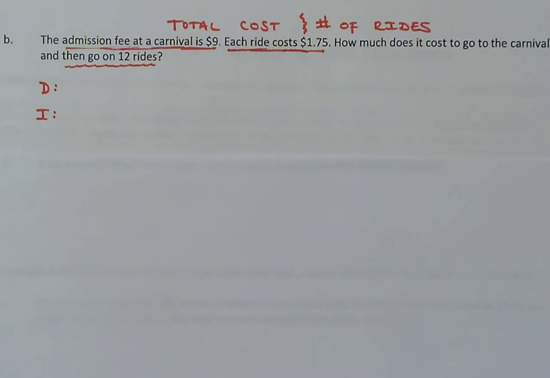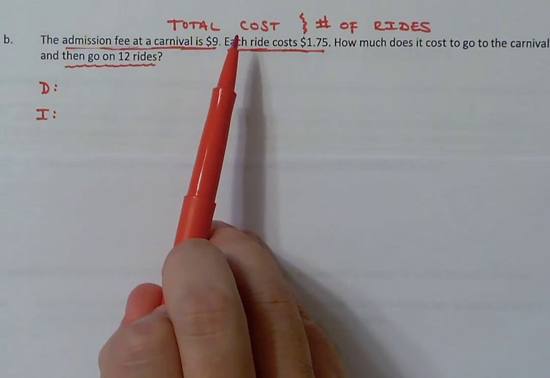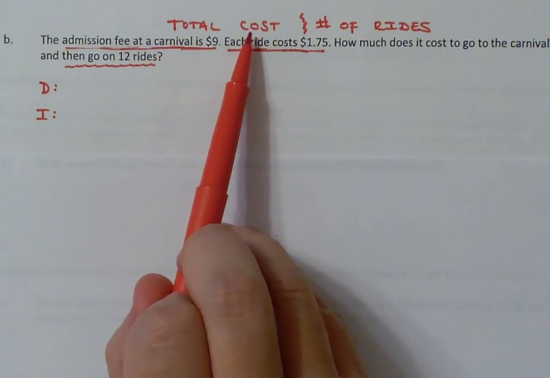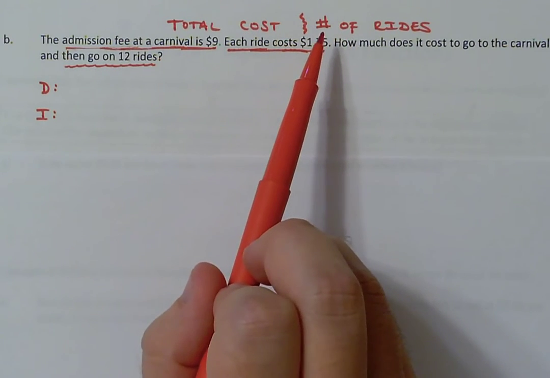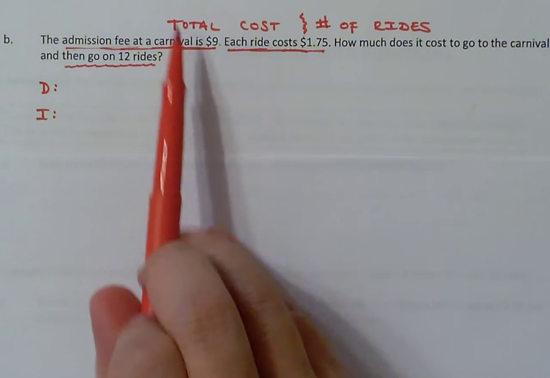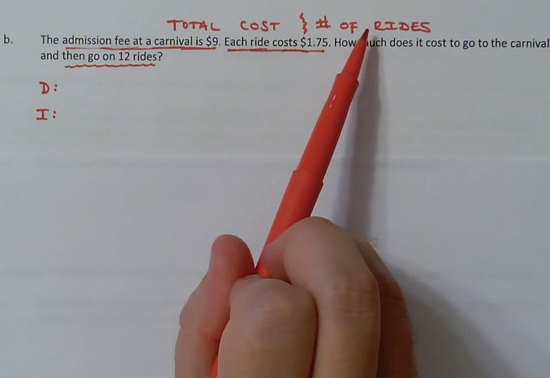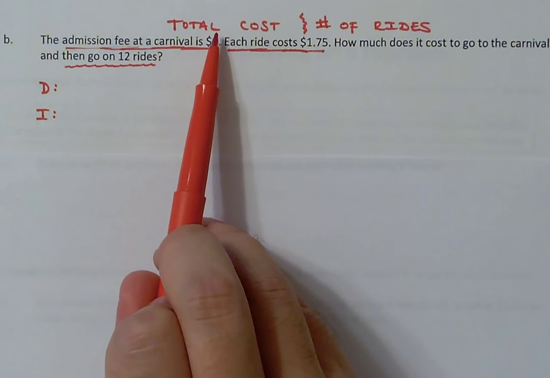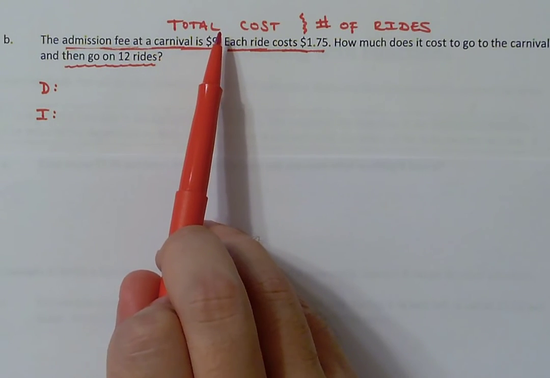The total cost is going to depend on how many rides I ride. Total cost isn't going to affect this. If I ride one ride, it's going to be a lot cheaper than if I ride 30 rides.